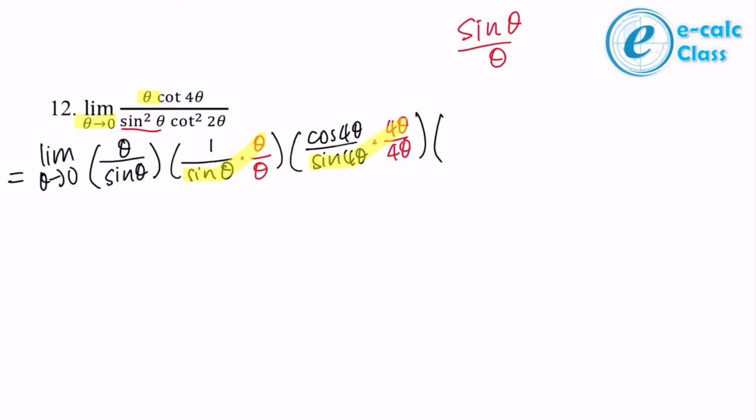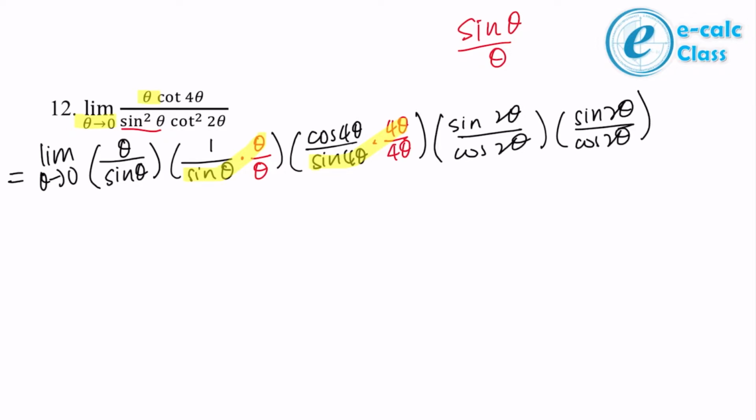Now you see cotangent squared, if you flip it, it is actually sine over cos. And let's write it like this: sine 2 theta over cos 2 theta times sine 2 theta over cos 2 theta. The reason I don't assign any more theta to this fella is because when I multiply 2 of them together, I will have 4 theta squared, right?